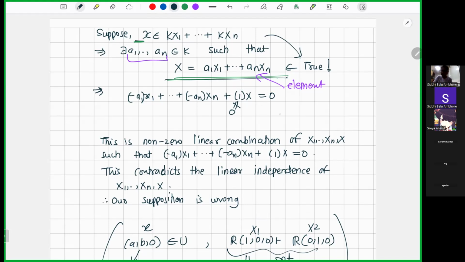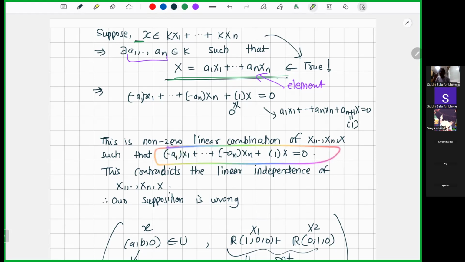So what I'm trying to say is, if I write a1 x1 up to an xn plus a n plus 1 x to be 0, then a n plus 1 is 1, which gives me a non-zero linear combination of x1, x2, xn and x such that this expression is 0.